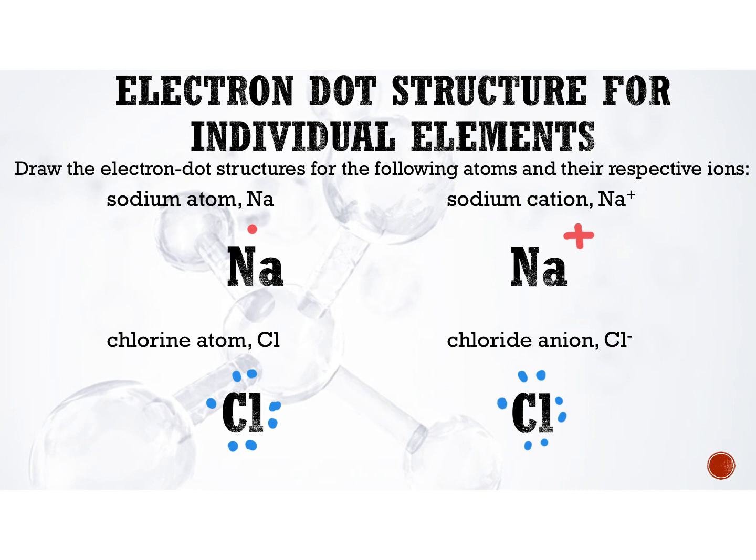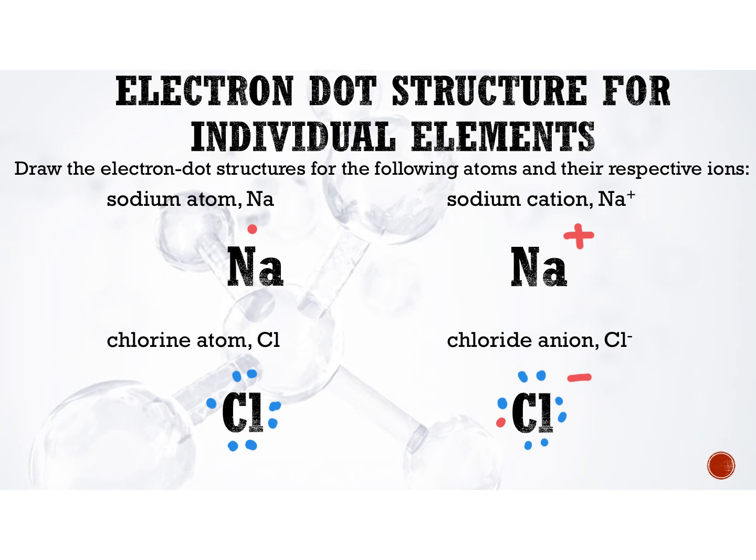And we know that it's going to gain 1. So I am going to have to show that it gained 1, and I'm also going to have to show that by showing its charge. So that's what a chlorine anion would look like in its electron dot structure formation.